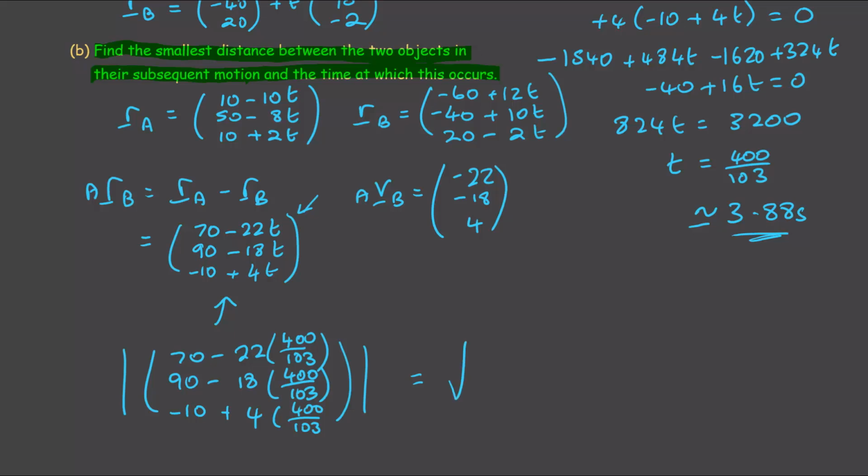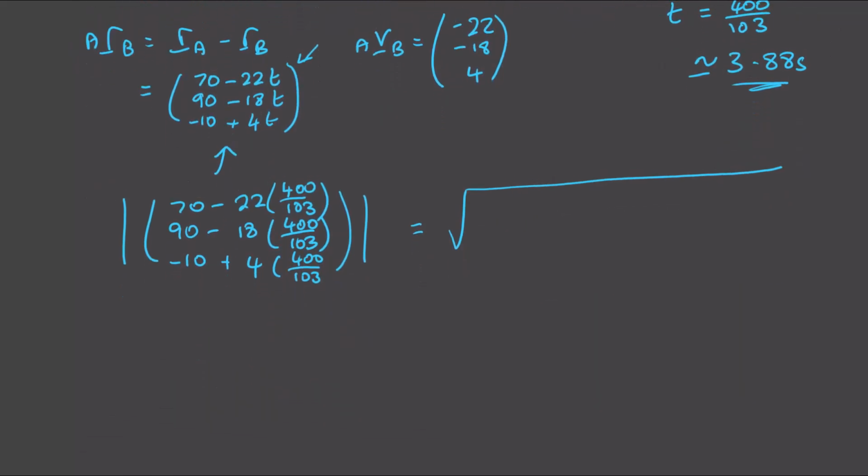And we get that just by doing a square root, and that's the square root of 70 take away 22 times 400 over 103 all squared, and so on. So the 90 minus 18 times that squared, and the negative 10 plus 4 times 400 over 103 squared, and that gives us about 25.9 meters.